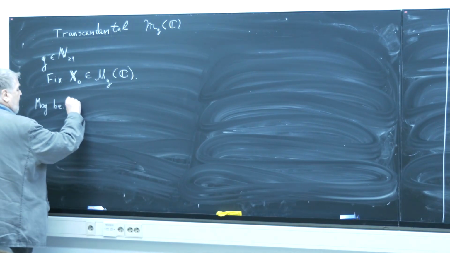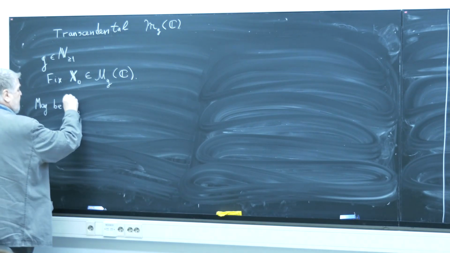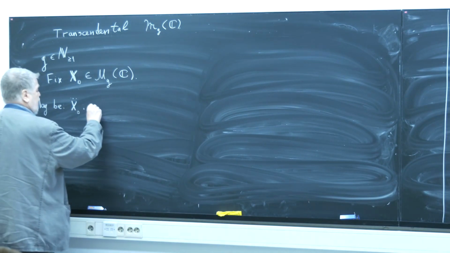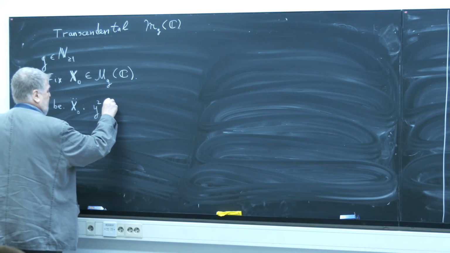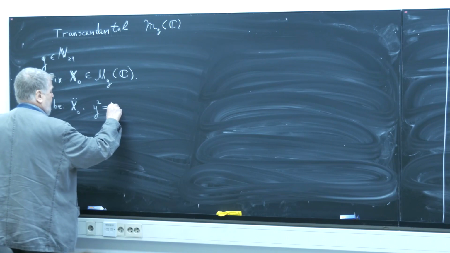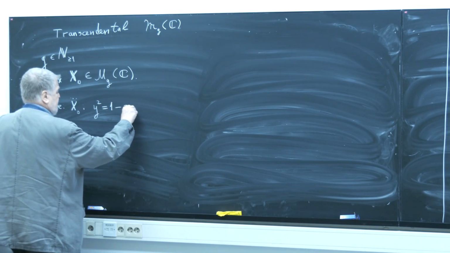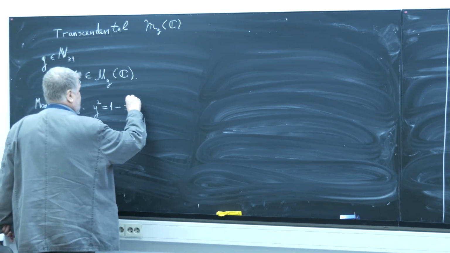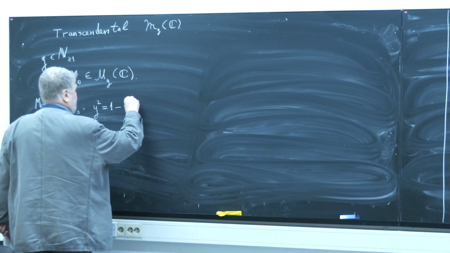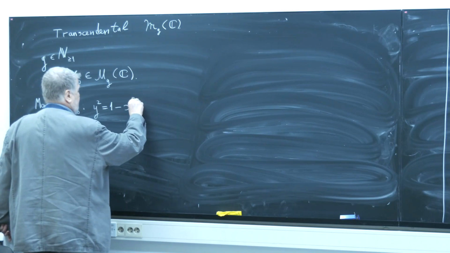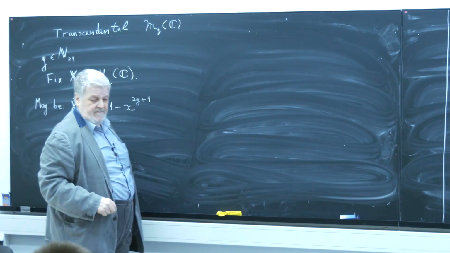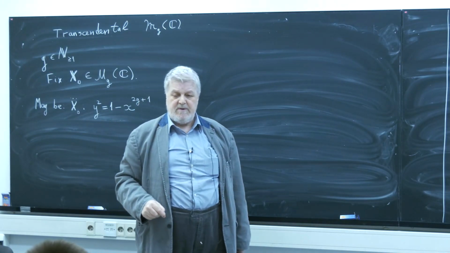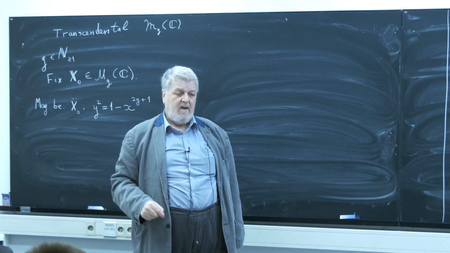So I'd write the affine model of x naught will be y square equals 1 minus x to the 2j plus 1. It is a somewhat arbitrary choice.